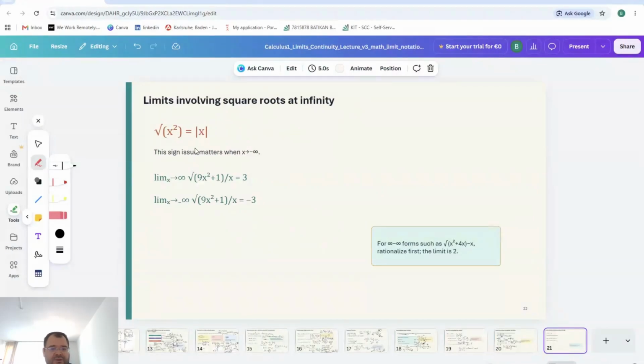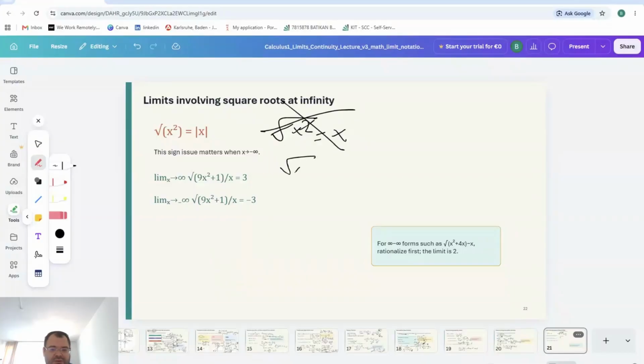If your function involves a square root, for example the square root of x square, normally you can get rid of this and just write x. But when we are talking about limits, you cannot do this. In order to get rid of the square root with the square, you must put an absolute value here.